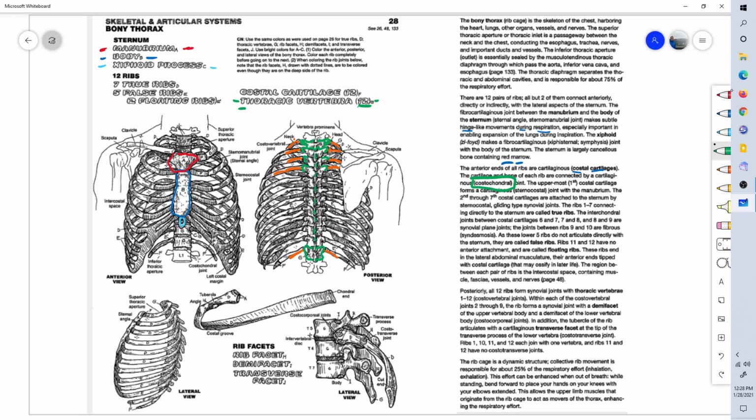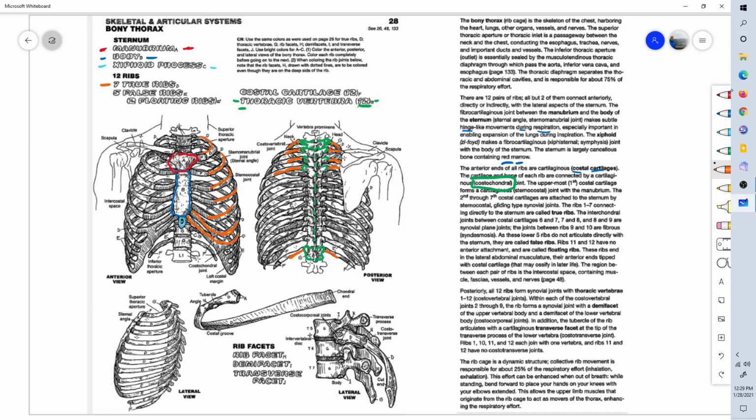So we have discussed the 7 true ribs, 1, 2, 3, 4, 5, 6, 7, which I suppose can be called true ribs down to 7, because they have somewhat of a direct attachment.